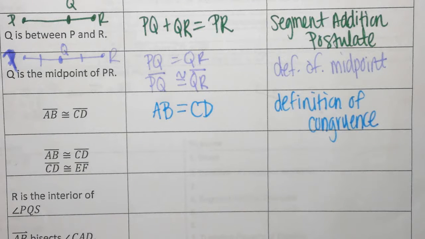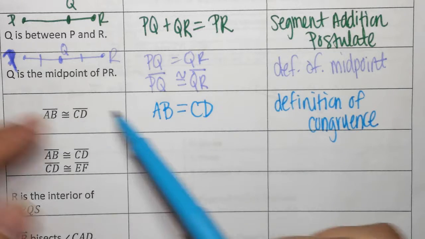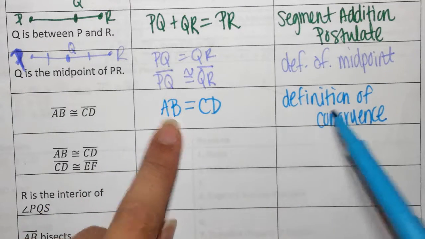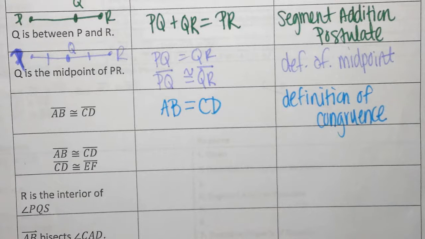That's all you have to do. So when we have a proof and it gives you this, you then say that the lengths are equal to each other by that definition. And then you can plug in numbers. And it's amazing.